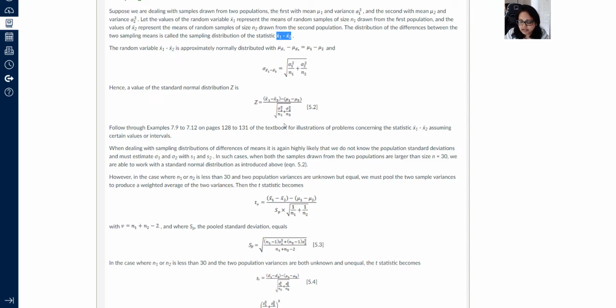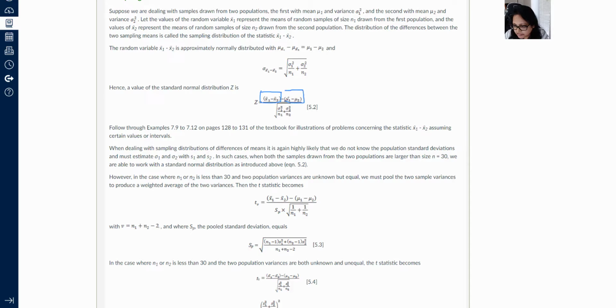This one is similar to what you saw before. Let me actually draw it in here, it might be easier for you. Okay, so in here we have the Z statistic. That means we are trying to normalize. When we do that, you will notice it follows a similar structure to what we had before.